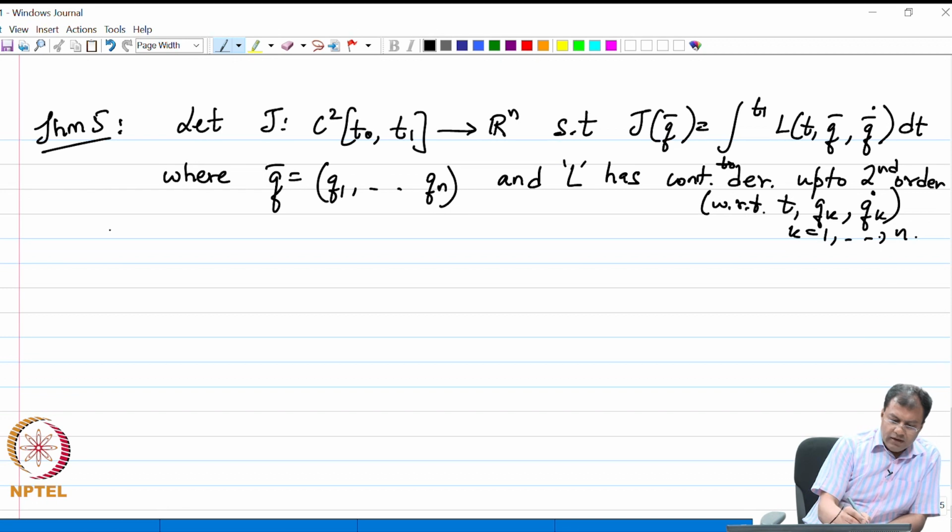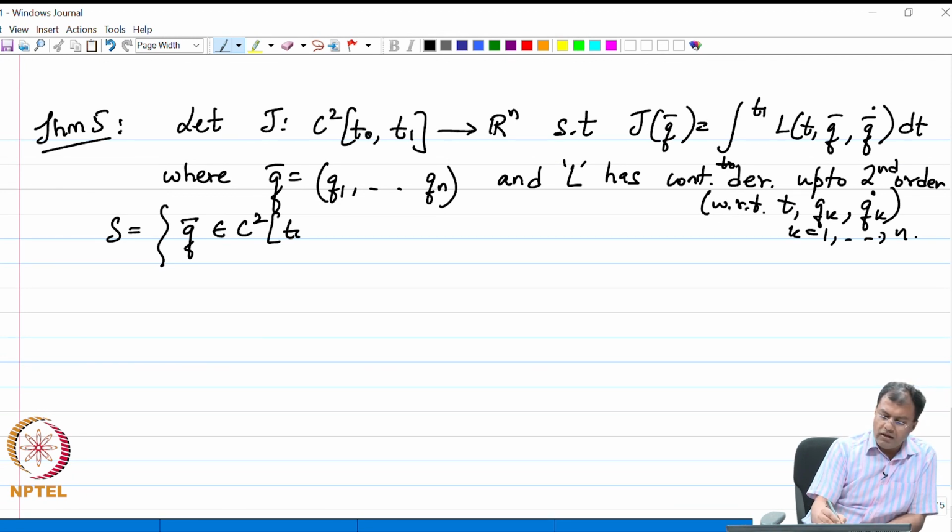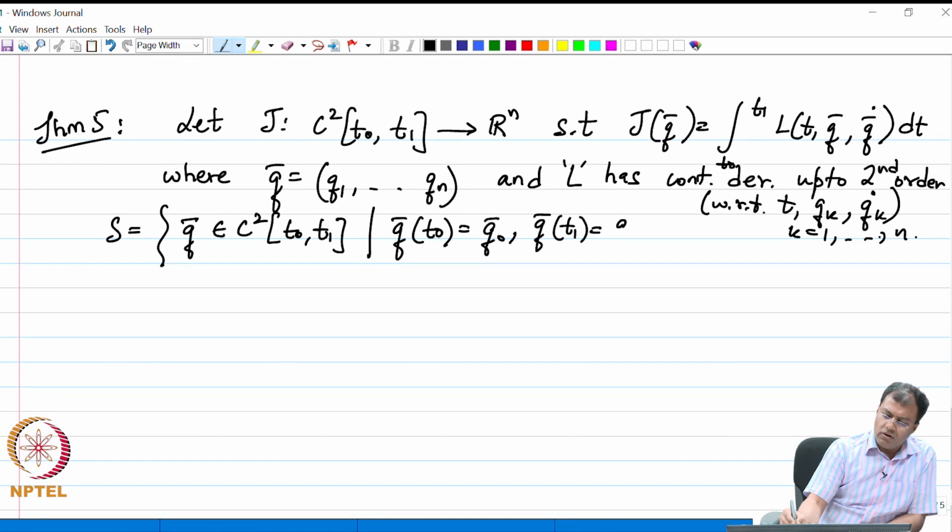Further, we describe the set of all extremals to be the set containing vectors q in C2 of T0 to T1 such that q bar of T0 is q0 bar and q bar of T1 is q1 bar, and these all belong to Rn.